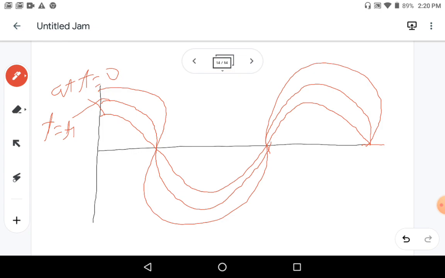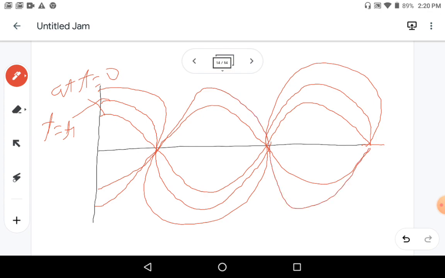If we travel on the negative side, the curve is the same. In this type of wave, the magnitude is increasing or decreasing, but the nature of the curve is the same. That means this type of curve is known as a standing wave.